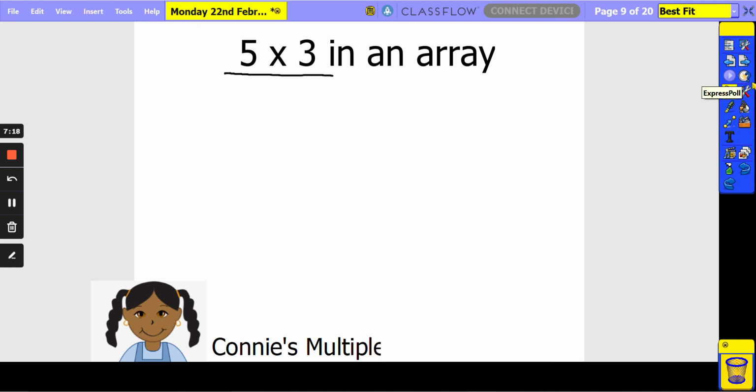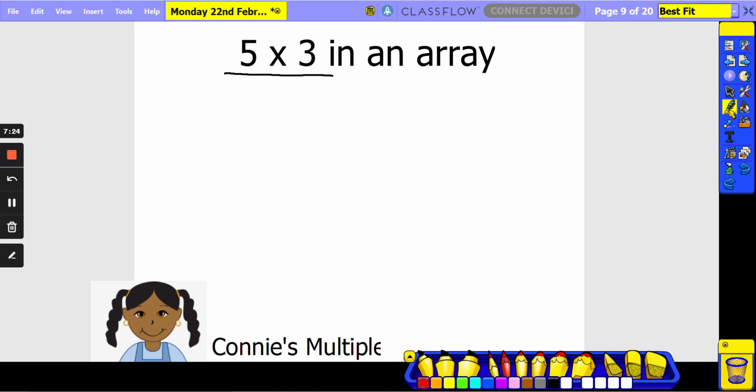You should have drawn something similar to what I'm about to draw now. So let's draw circles. So I'm going to have 1 circle, 2 circle, 3 circle, 4 circle, 5. I'm going to put 3 columns for each one.